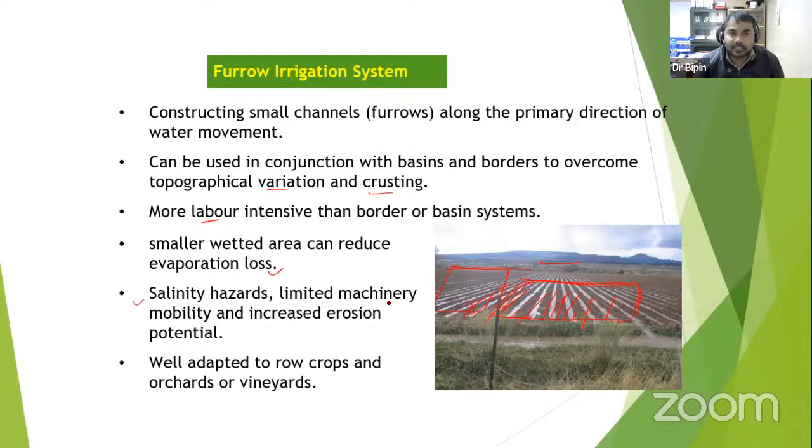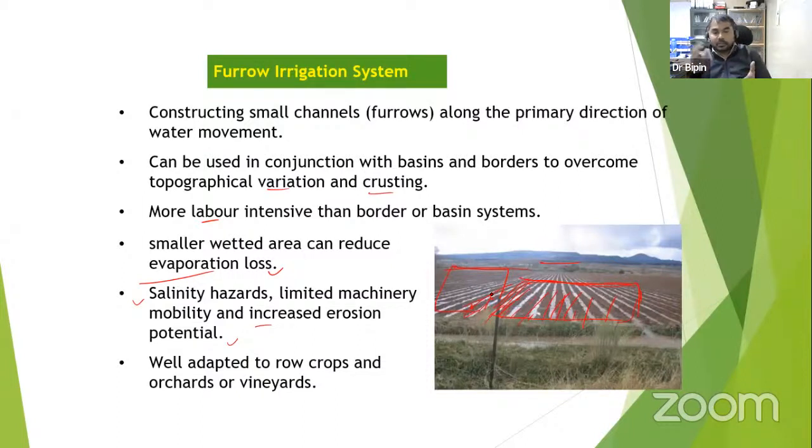The disadvantages are salinity hazard, limited maximum mobility, and increased erosion potential. Now the advantages when you use this furrow method: in this method you can minimize salinity, because this is also a part of the consumptive use of water.